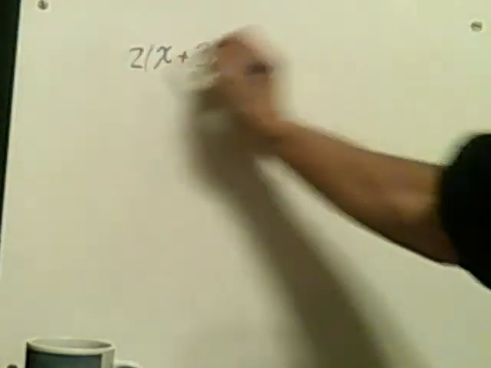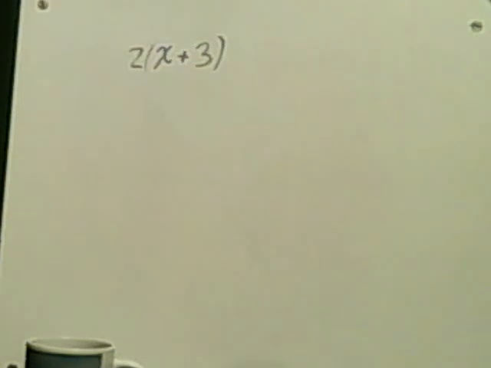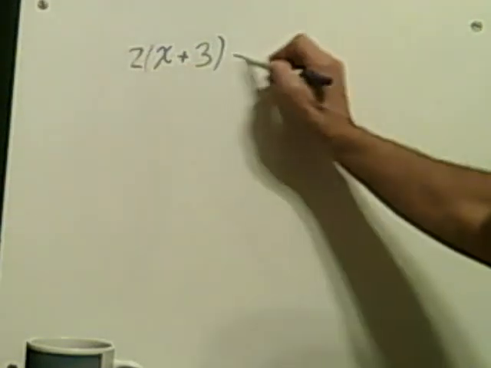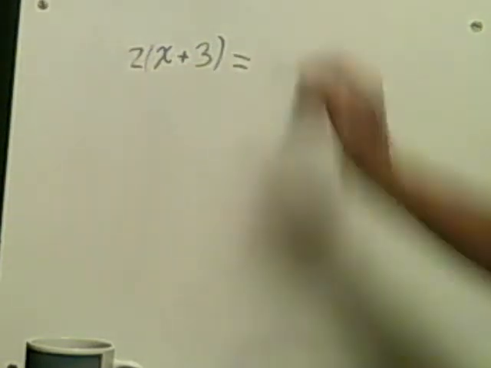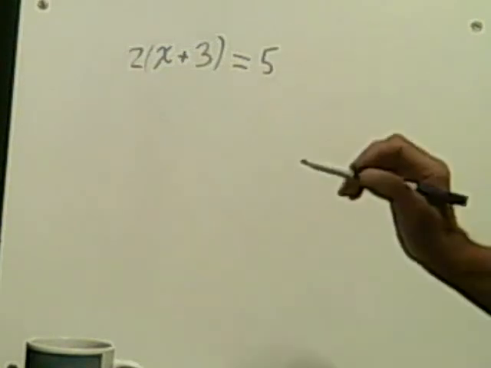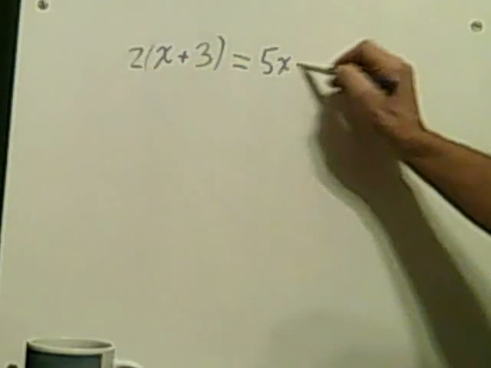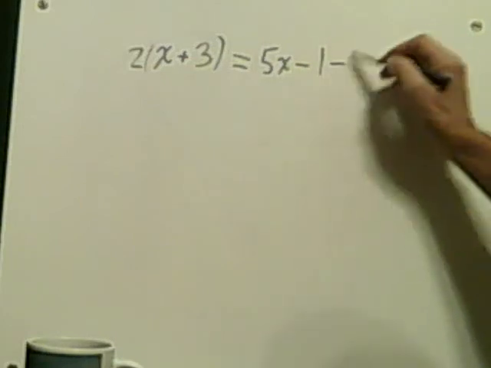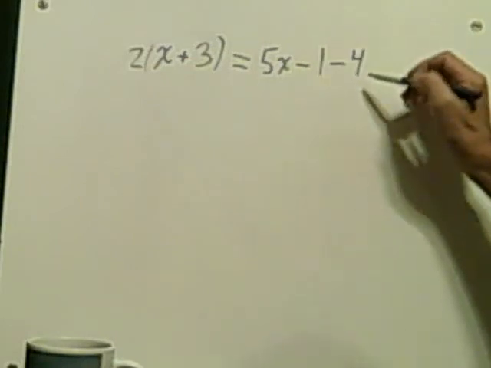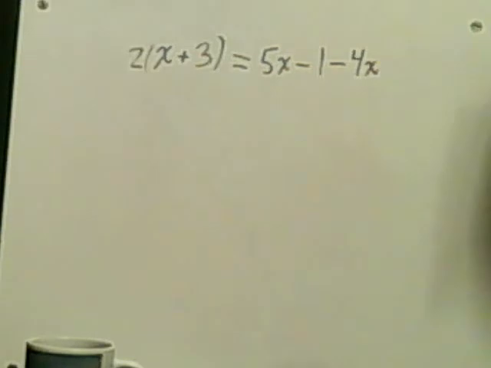twice. Twice the sum of a number and 3 is the same. That's an equal sign. That's 5 times the number minus 1 minus 4 times the number. Find the number, okay?